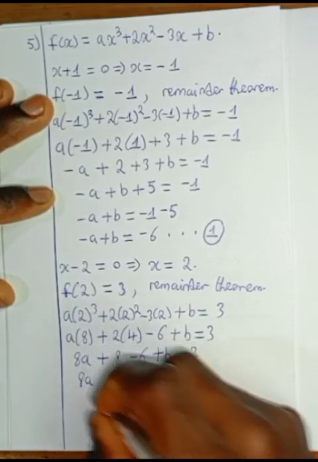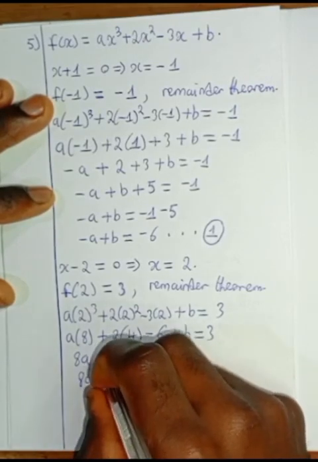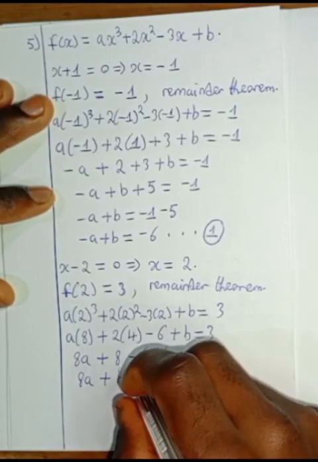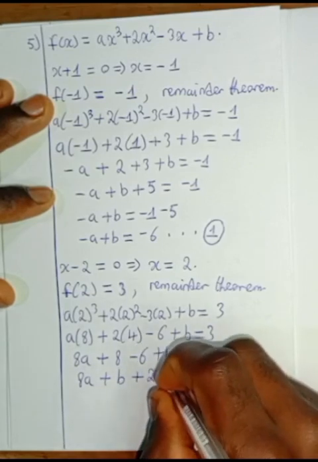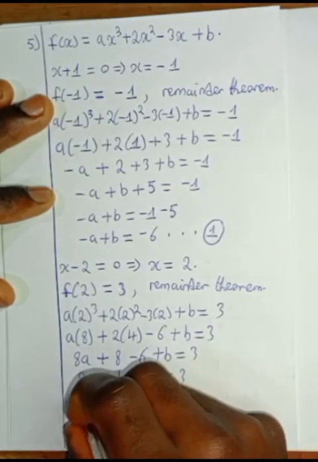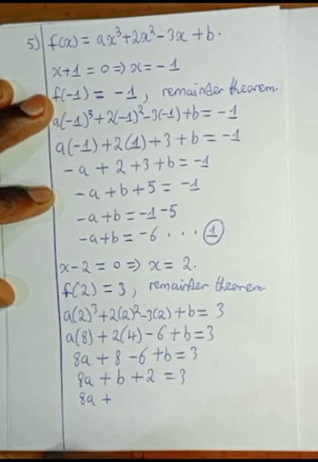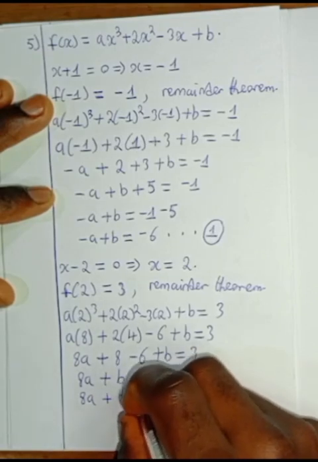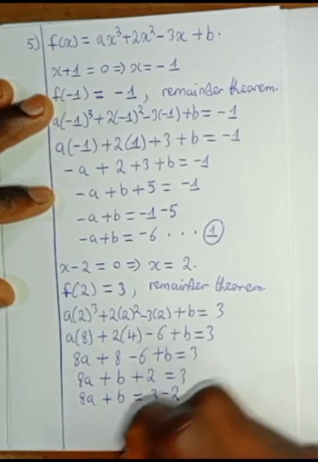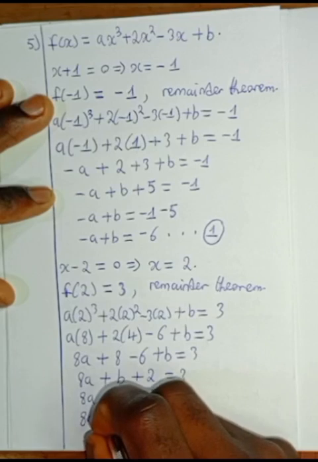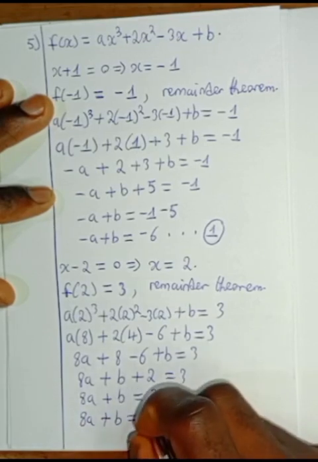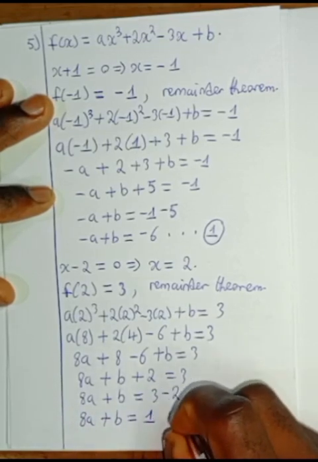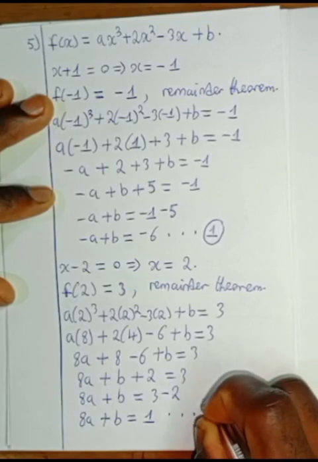This will give us 8a plus b, 8 minus 6 gives us +2, is equal to 3. 8a plus b is equal to 3 minus 2. This will give us 8a plus b is equal to 1. Call this one equation 2.